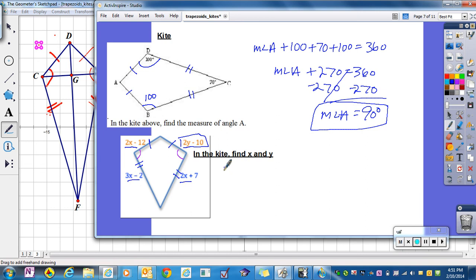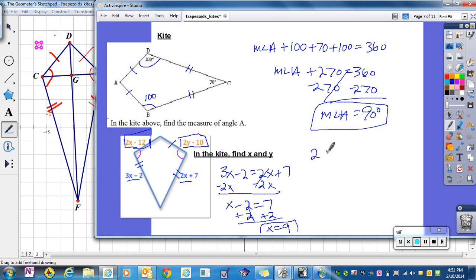So I'm going to say 3x minus 2 is equal to 2x plus 7. So I'm going to subtract 2x on both sides, and I get x minus 2 equals 7. So I'm going to add 2 to both sides, and I get x is equal to 9. Alright, so now I can set these other two sides equal to each other. So I can say 2x minus 12 equals 2y minus 10, but I know that my x value is 9, so I can plug in a 9.